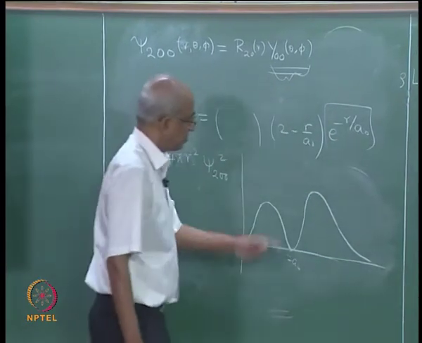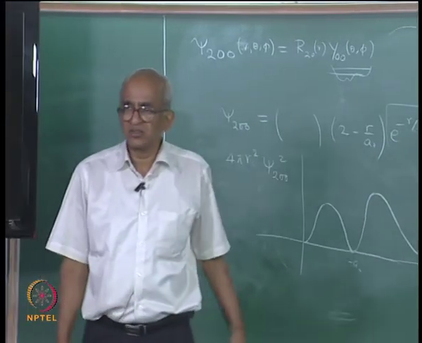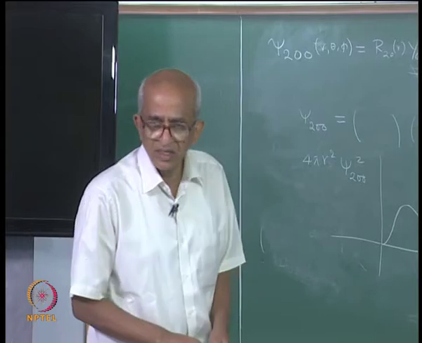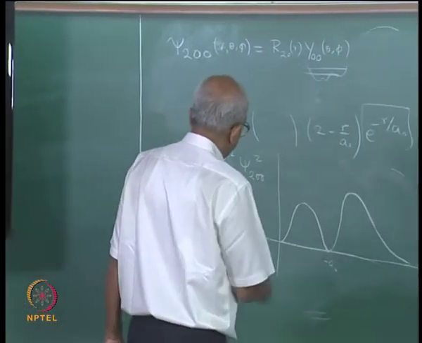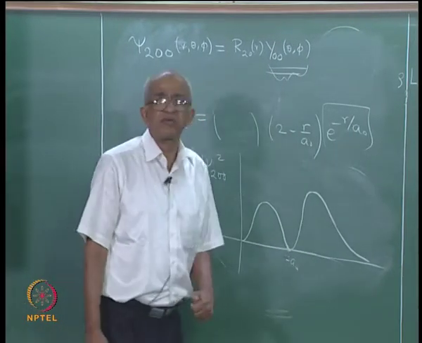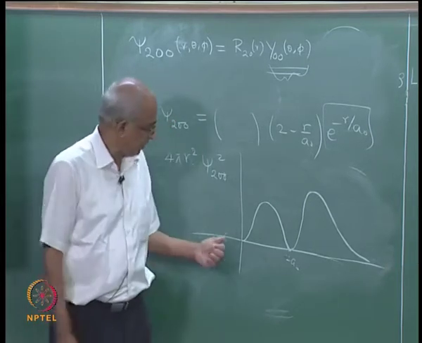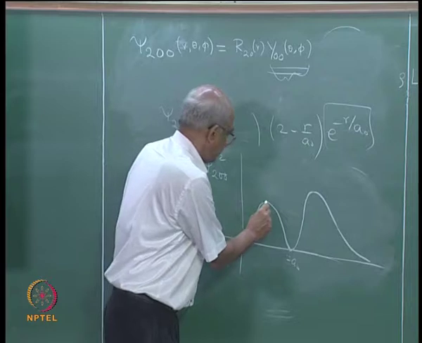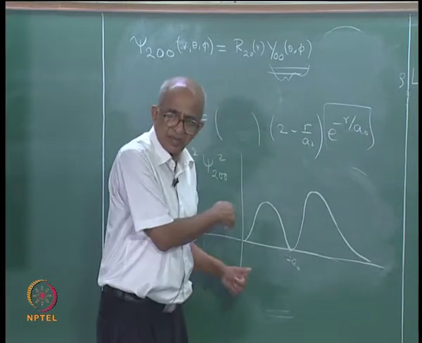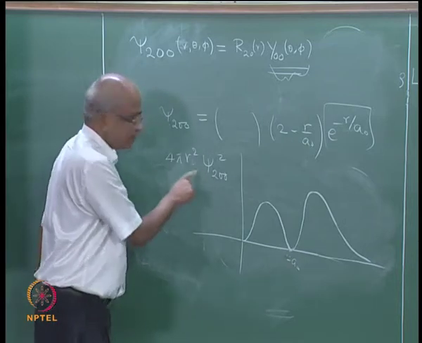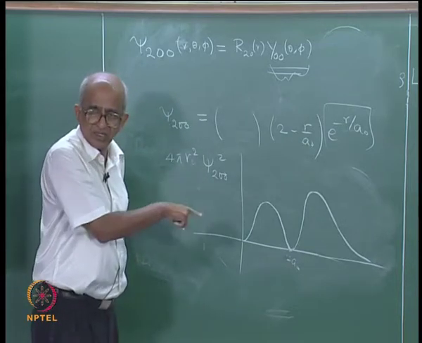So, this is how the plot of 4 pi r square psi square for this particular case is going to be. And then suppose you are asked the question, what is the most probable distance of the electron from the nucleus, what will be your answer? Well, if you did calculus, you will be able to find the maxima of this function. You take this function, differentiate it with respect to r and put the derivative equal to 0.